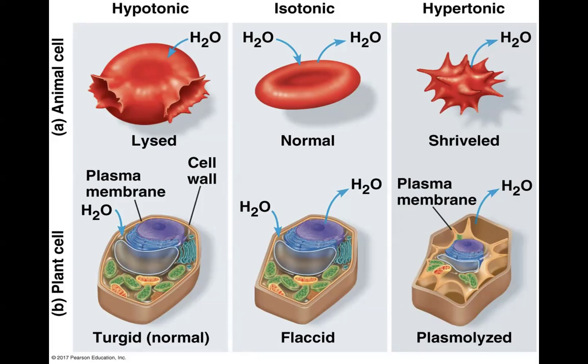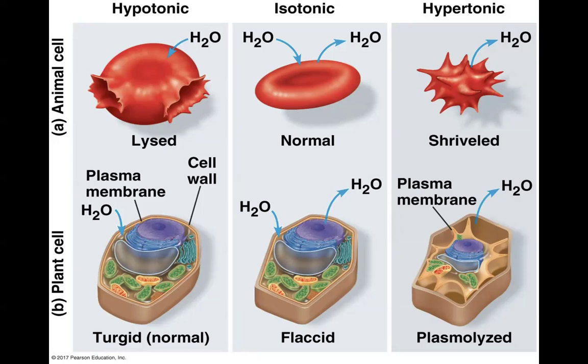So if I have 40% water inside of the cell, 40% water outside of the cell, water is going to already be in equilibrium. That means that the water molecules that are rushing out of the cell are going to equal the water molecules coming into the cell. As a result, the cell is going to maintain its shape and be in the normal cell condition.